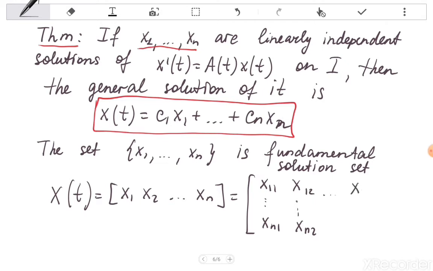The last solution has components x1n and so on xnn. Then this capital X is the following matrix, and the name of this is the fundamental matrix.